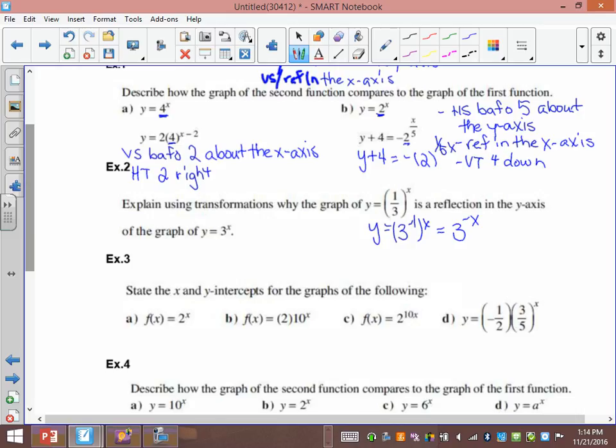Explain using transformations why the graph of y equals (1/3)^x is a reflection in the y-axis. Well, because when you make them the same base, this one has a reflection in the y-axis.